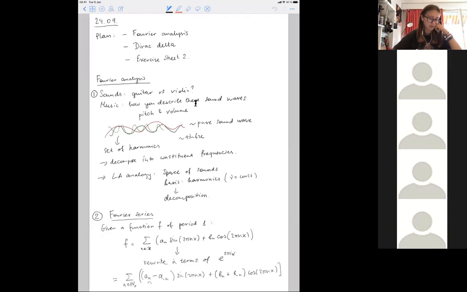And then you can label these as new coefficients a_n and b_n. Okay, good.